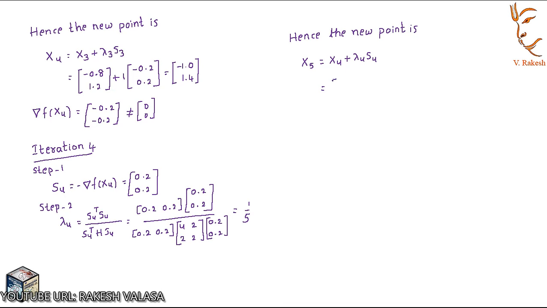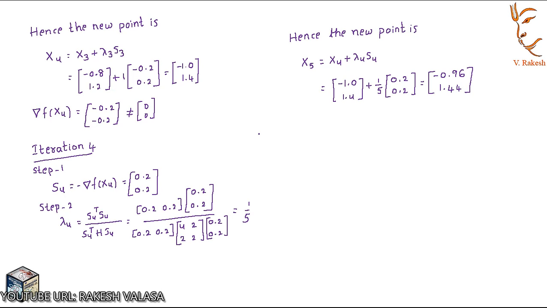X4 is minus 1.0, 1.4, lambda 4 value is 1 by 5, s4 value is 0.2, 0.2. This value is minus 0.96, 1.44.